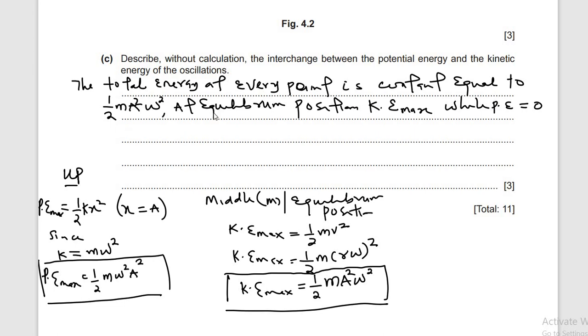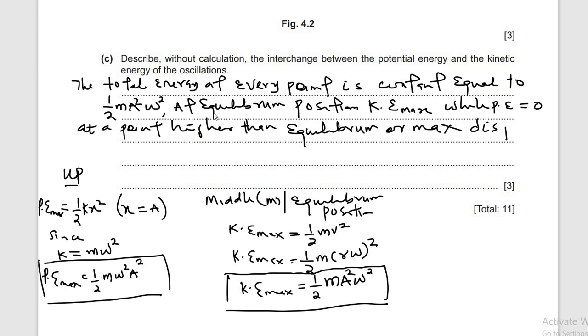Don't put it like this. Okay. At a point higher than equilibrium position, you know, at a point higher than equilibrium position, potential energy at a point higher than equilibrium position or maximum displacement.